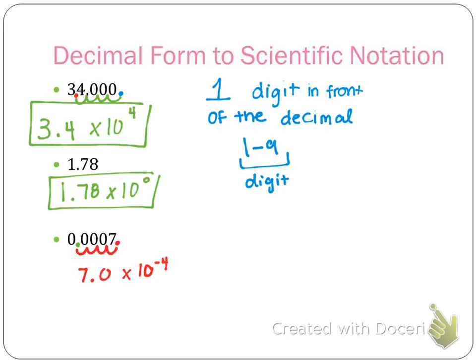Okay, you say, well, hold on a second. Let's ask ourselves, how could I make this back to the original? I would have to go 1, 2, 3, 4 places to the left, and then that would match my original problem. Okay, so this is how we take a decimal number and make it into scientific notation.